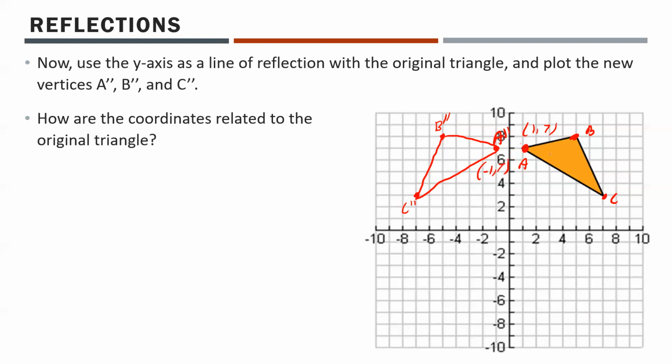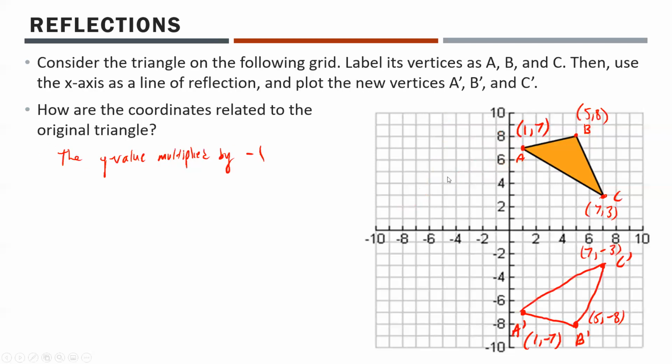You probably already see the pattern, so I'll save you the trouble. If you really wanted to compare each one, go for it. But how are they related? Well, this time around, the x value is multiplied by -1. So when you are flipping across the x-axis, like we did on the last example, you're multiplying your y value by -1.